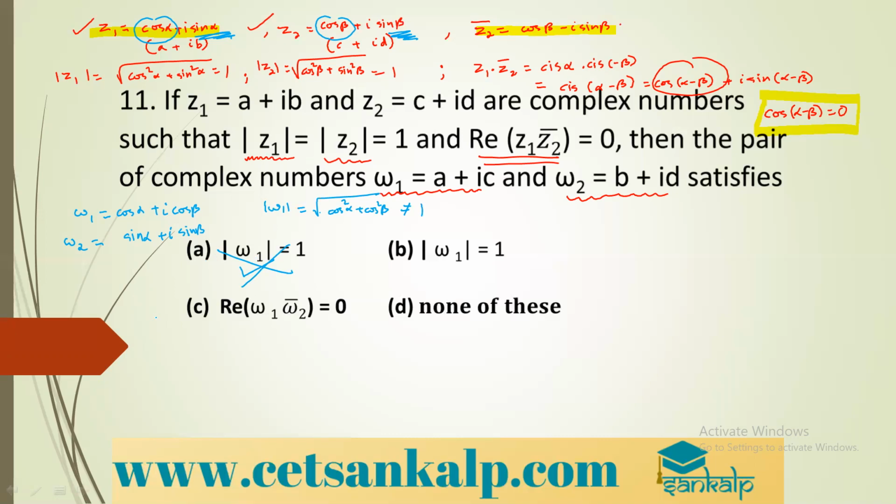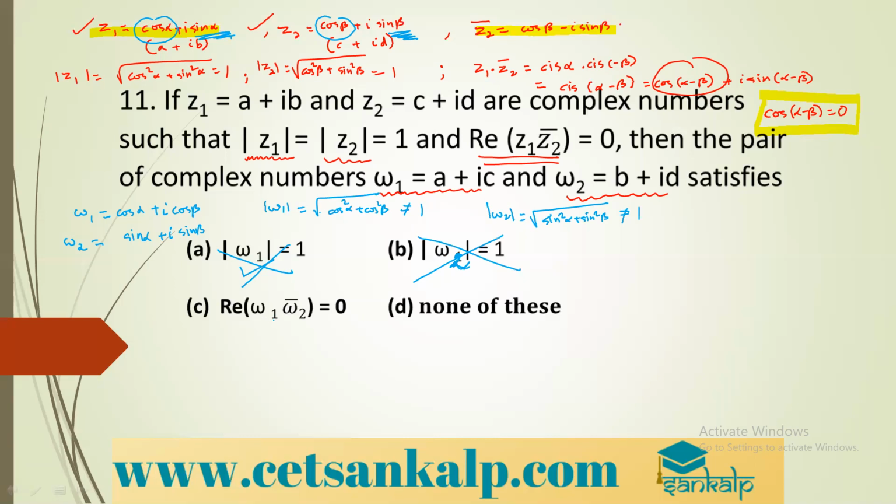The option is repeating, but actually it should be absolute value of W2. Again, absolute value of W2 cannot be 1 because it is sine square alpha plus sine square beta. It is W2, not W1. Correct it. So this is also not correct.